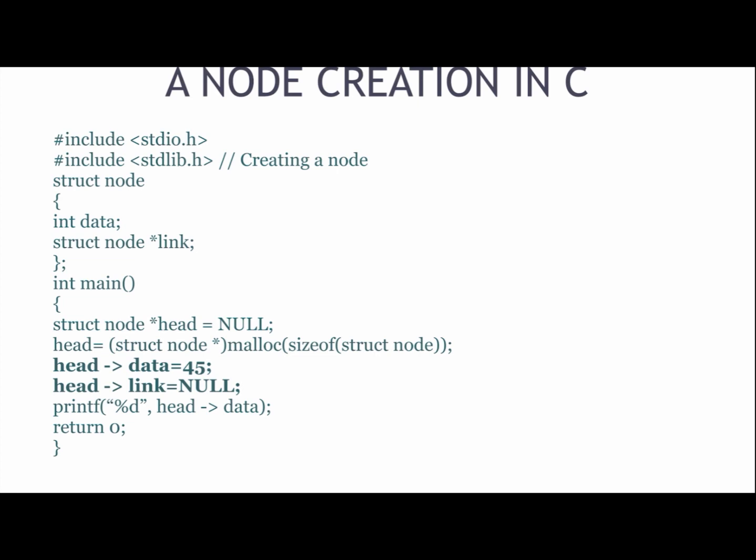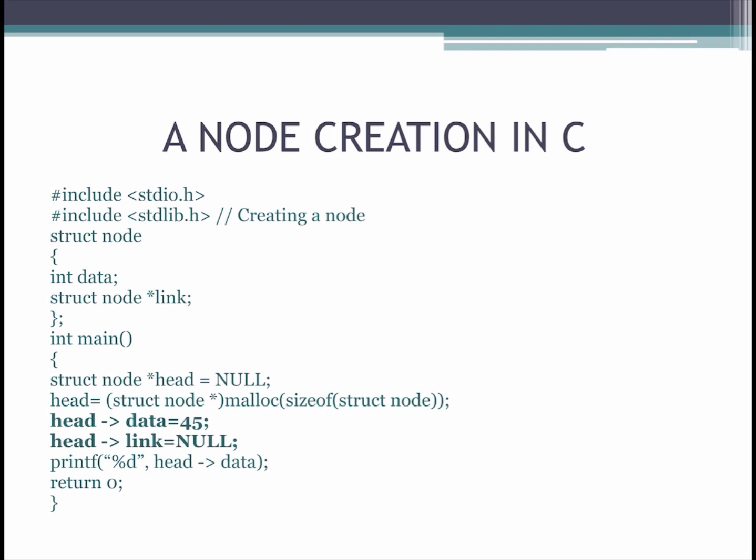So the node contains two parts, a data part and a link part. The data part contains 45 and the link part contains a null value. If we want to print the data of the first node, then we can simply write printf("%d", head->data), then the output will be 45. We can simply display the output like this.